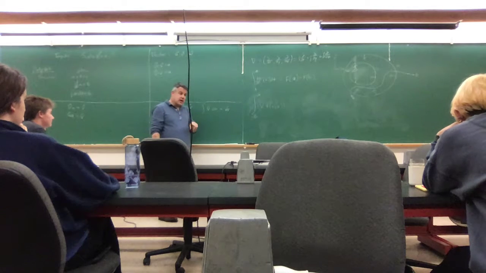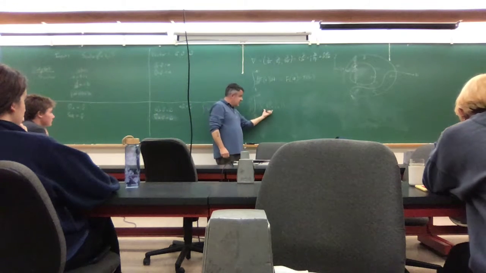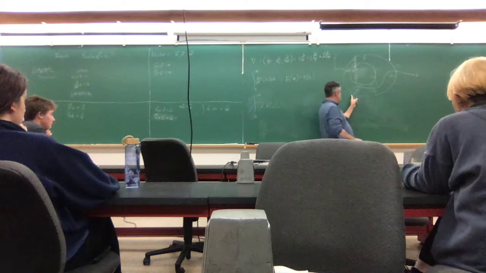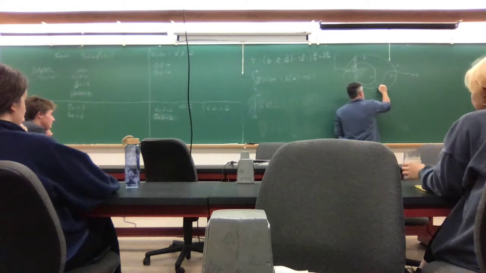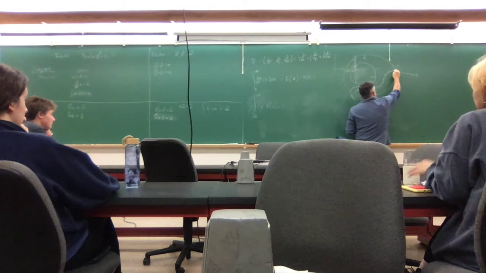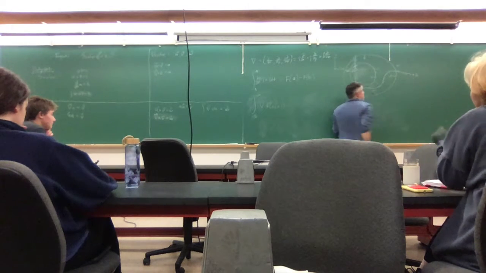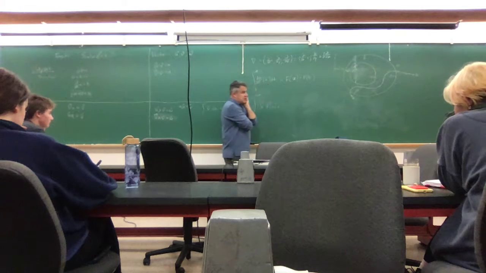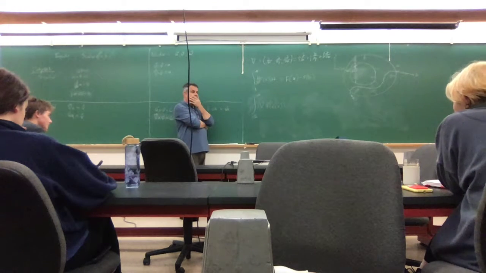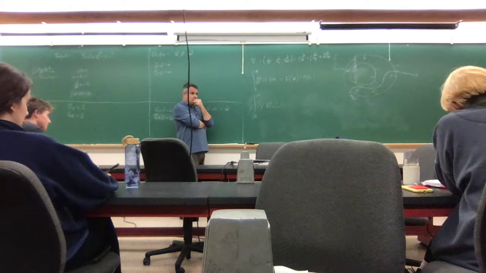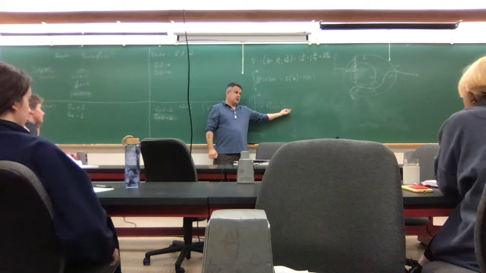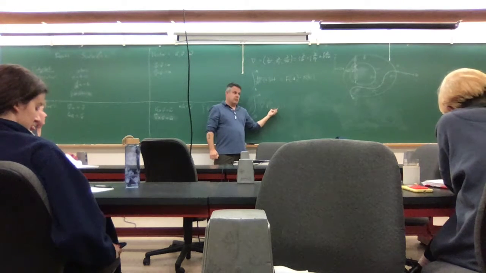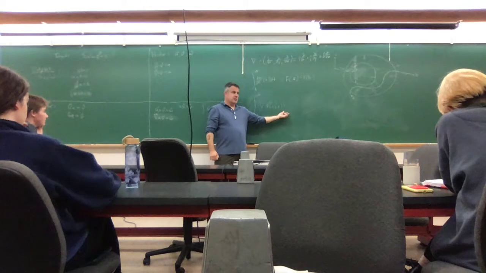But there is something special I can do because this is a vector and because this trajectory has an orientation. What can I do instead? Rather than multiplying this by a scalar element of length, I can multiply it by what?